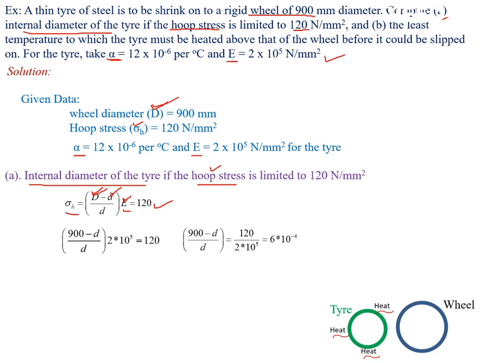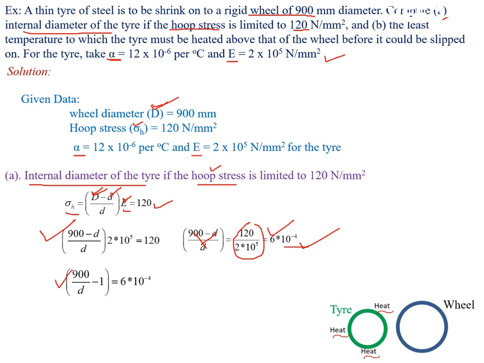Once again we write down this equation. 900 minus small d divided by small d equals 120 by 2 into 10 to the power of 5. This value becomes 6 into 10 to the power of minus 4. So 900 divided by d minus d by d, that is 1, equals 6 into 10 to the power of minus 4.